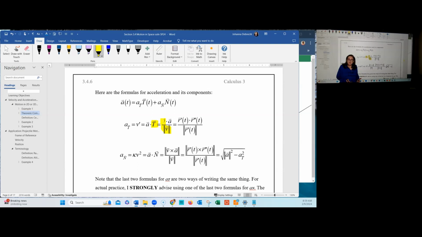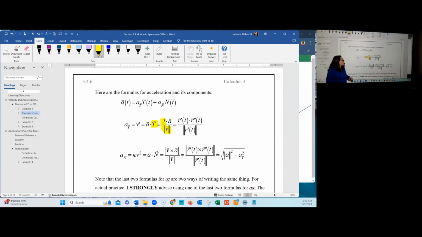We could also write it in terms of the original position vector: the velocity vector is r prime of t and the acceleration vector is r double prime of t. So we dot those together, and then we divide by the magnitude of r prime of t, which is the magnitude of the velocity vector. So these are really 3 equivalent ways of writing the same thing.